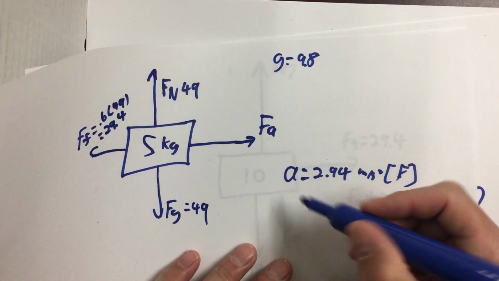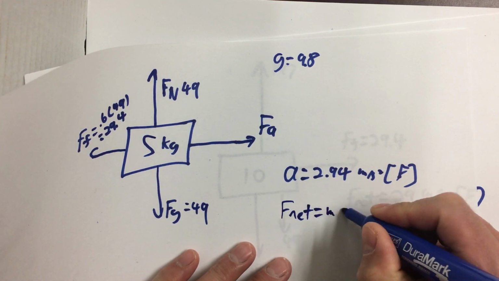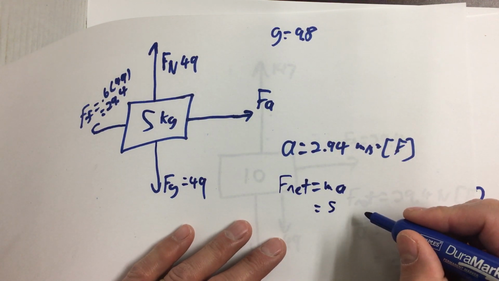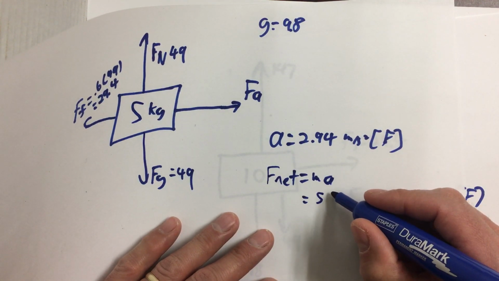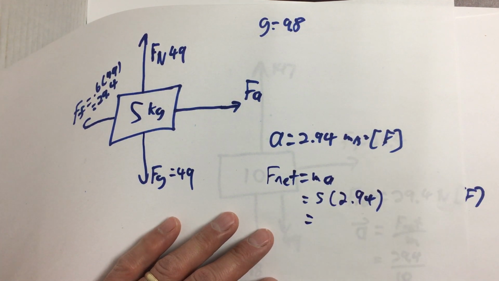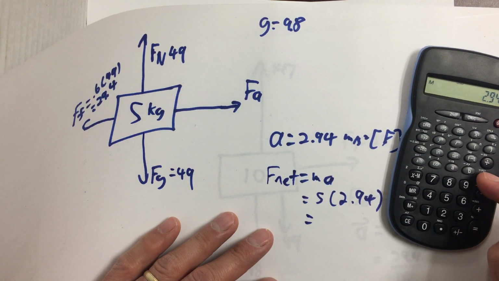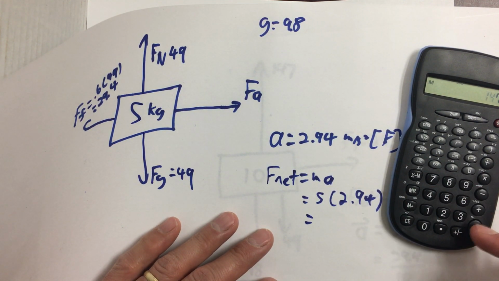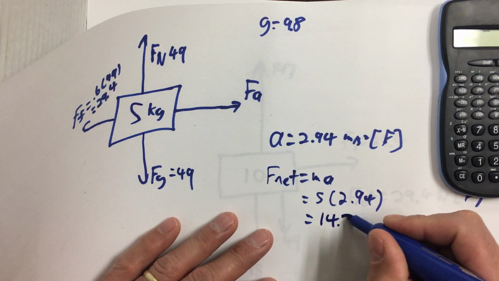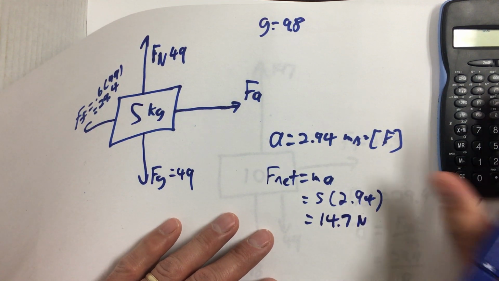And with this acceleration, again, F net equals ma. So our net force is our 5 kilogram mass multiplied by 2.94 meters per second squared. So I've got 2.94 and a 5 kilogram mass, 14.7. So this is 14.7 newtons.